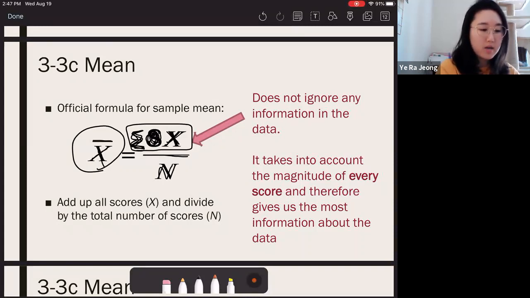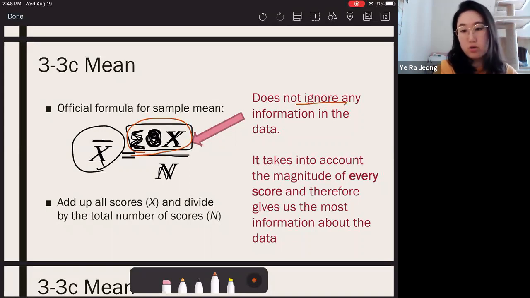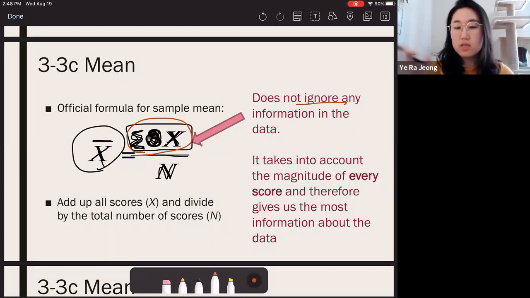And by summing up all the raw scores, that means it does not ignore any information in your raw data. Remember, mode is just looking at the score that is most frequently occurring, and median is the number that is in the middle of the scores. So all the scores that are not frequently occurring or not in the middle get ignored in mode or median.